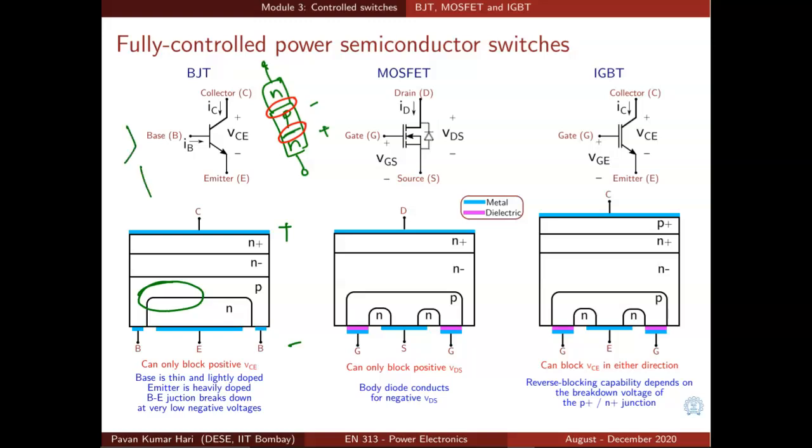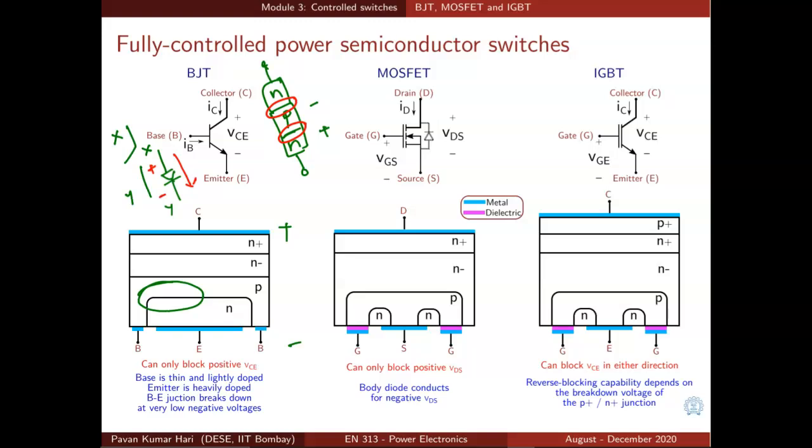So far, if you think that we are replacing this switch with a diode, for example, this is our switch, this is terminal X and this is terminal Y, and we imagine that a diode comes in the place of the switch. Then what we have known is that when current flows, it flows in this direction, and when the diode is in off state, the voltage across the diode is negative.